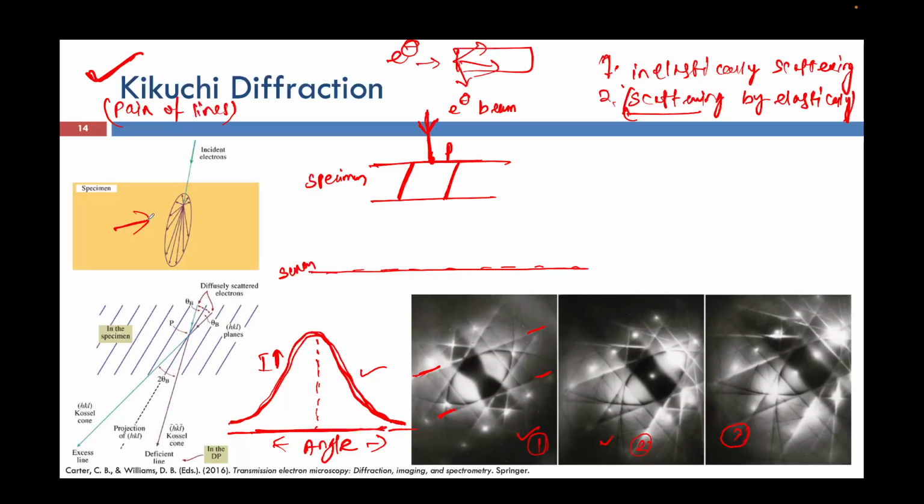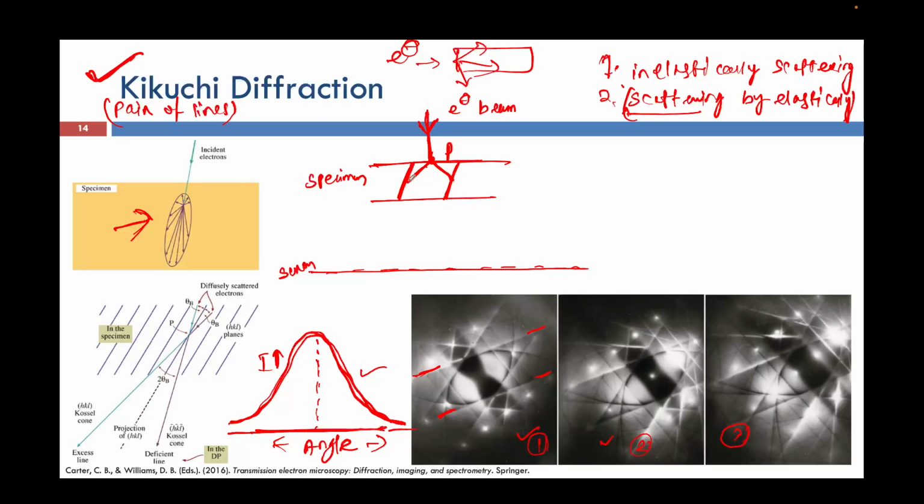Now looking at this specimen incident electron interaction, after scattering my beam can move in all directions. So one will be coming like this, another one will be coming like this.